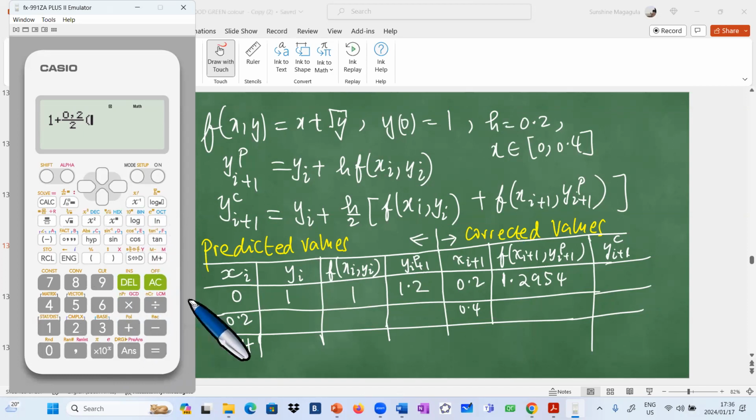Now you have the f of xi, yi, which is 1, and then this one here, which is 1.2954. Then you close, and then the answer is 1.22954. Okay, that's fine. So here we know it is 1.22.